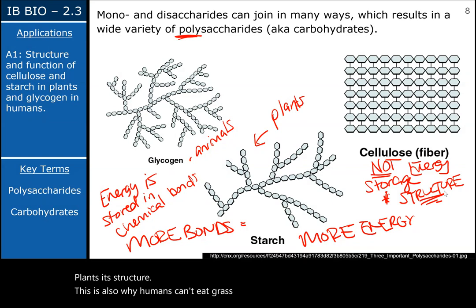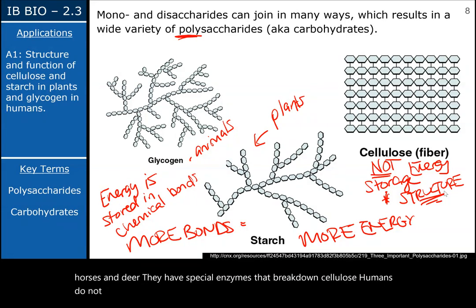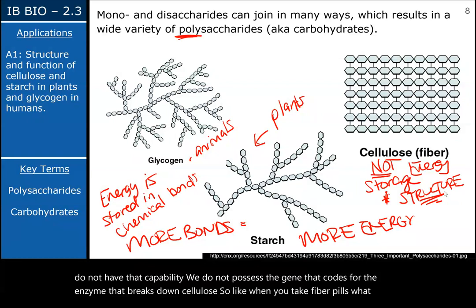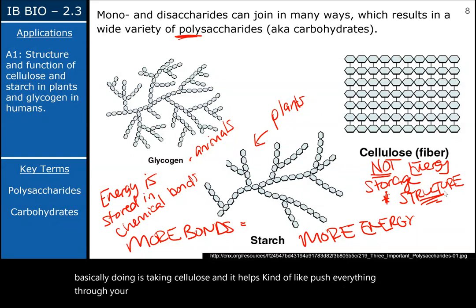So different animals like cows and horses and deer, they have special enzymes that break down cellulose. Humans do not have that capability. We do not possess the gene that codes for the enzyme that breaks down cellulose. So like when you take fiber pills, what you're basically doing is taking cellulose and it helps push everything through your GI tract because your body doesn't have the ability to break it down.